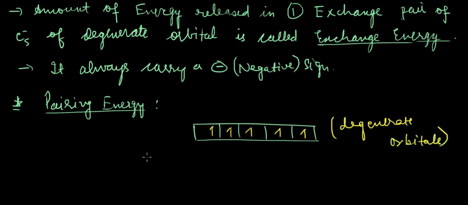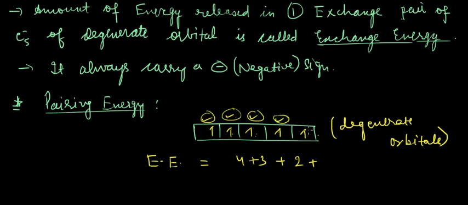The total exchange energy here: one of the electrons can exchange with 4 places, the next electron can exchange with 3, the next with 2, and the last electron with only one. So the total exchange energy would be minus 10E, if E is the exchange energy for one exchange pair.